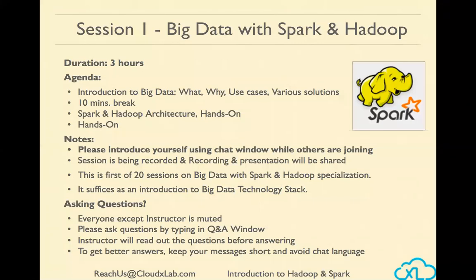Wonderful to have people from all across the globe, from the US, Australia, Hong Kong, Indonesia, and so on. Great to have all of you in this session, along with people from India and California.